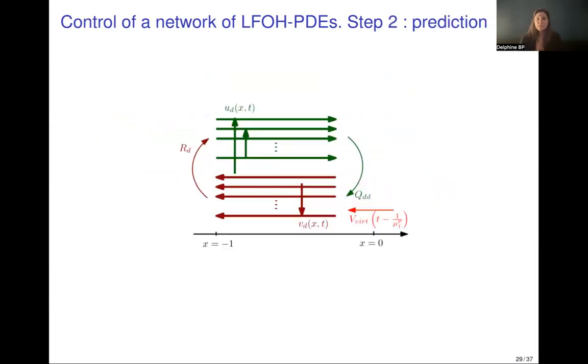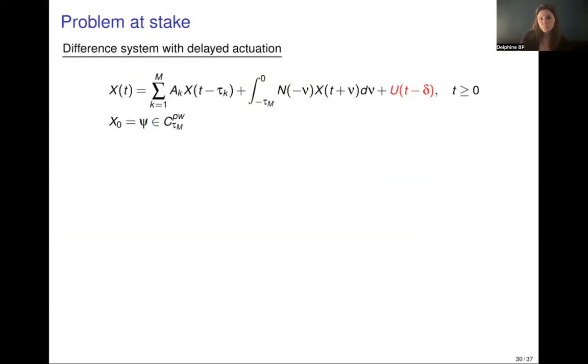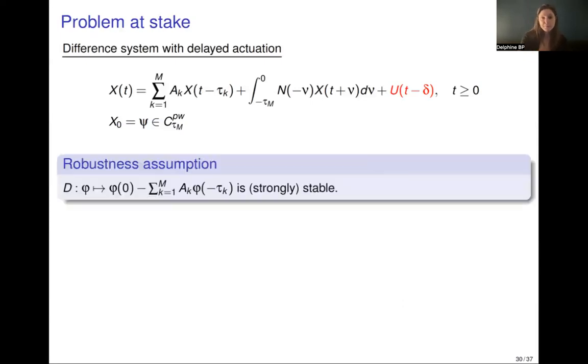So we're basically left with this type of problem where we have a system of hyperbolic PDEs controlled at the boundary but delayed. So we worked on this to build a prediction to be able to control this system.